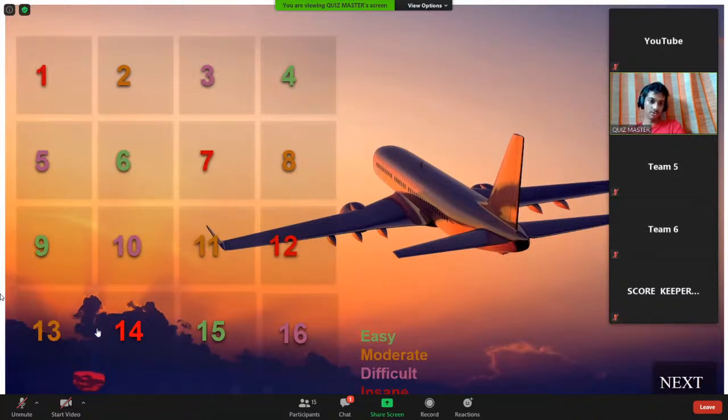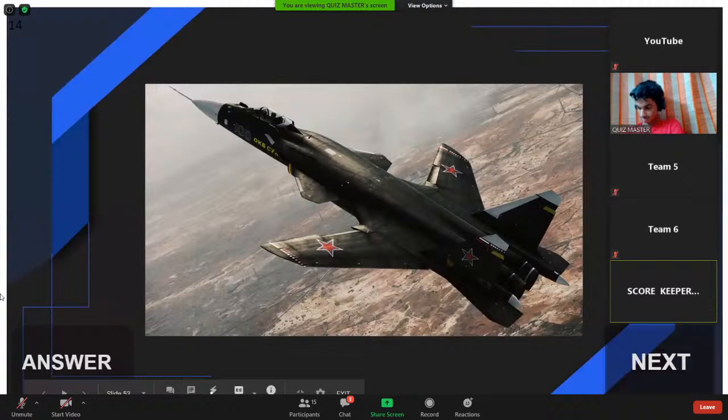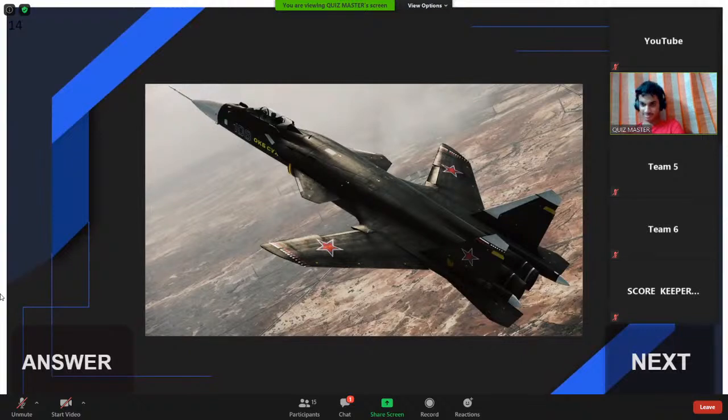Okay, 14. They chose 14. 14 is what we call the hardest of the hard questions, so it's a bold choice. Pounce is open. What is the question number? I think it's 14.